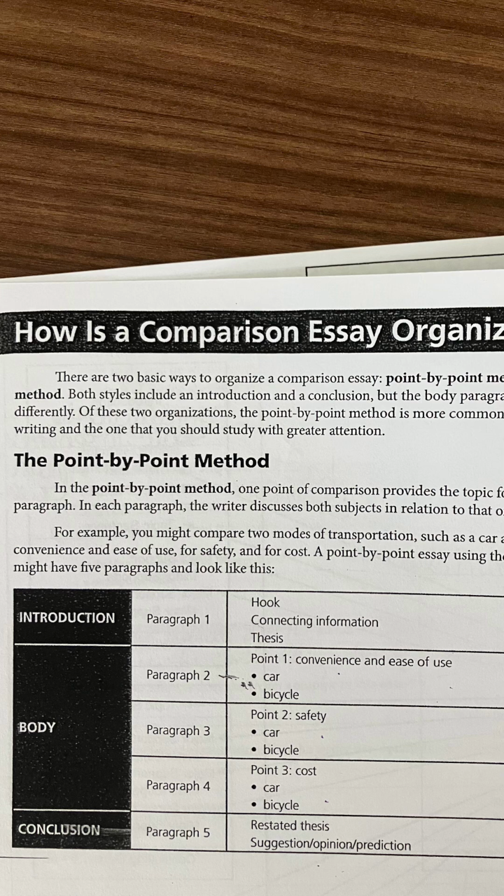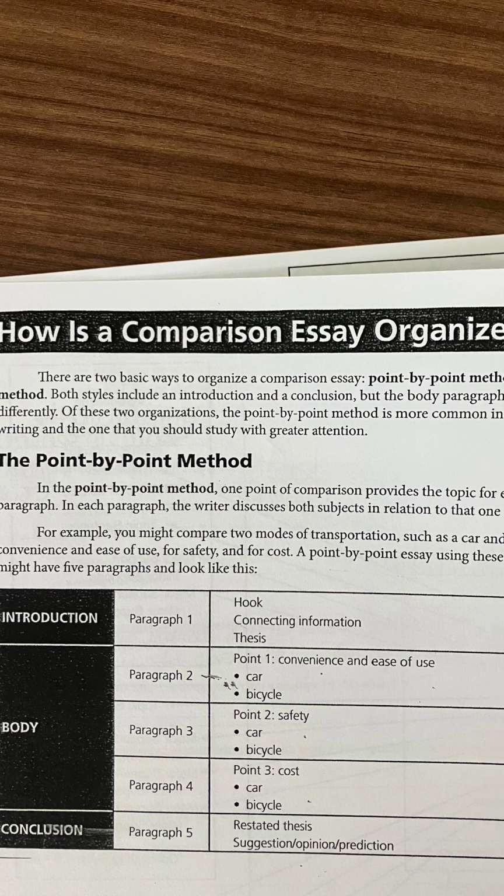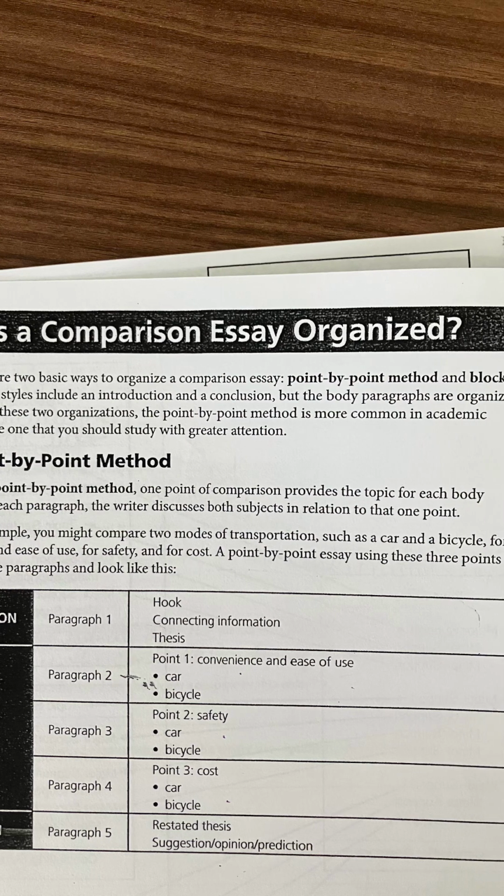And then each body paragraph discusses one point of comparison or contrast between the two topics. So, as you can see in this example, body paragraph 2 talks about convenience of use.